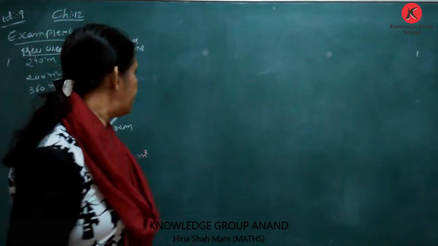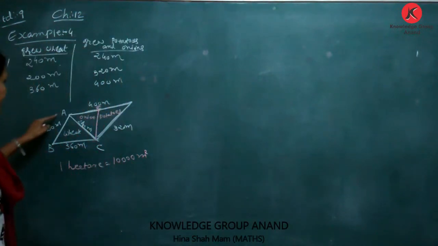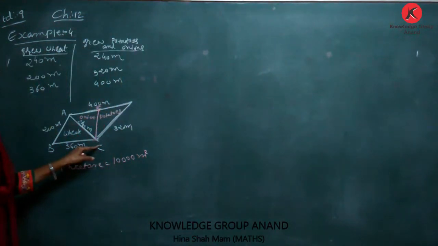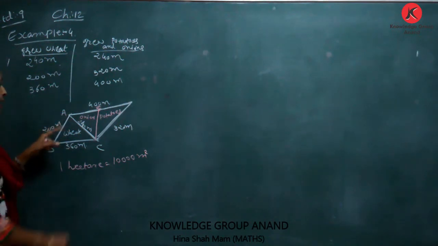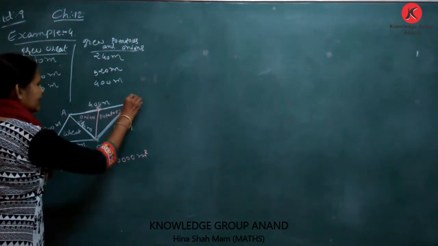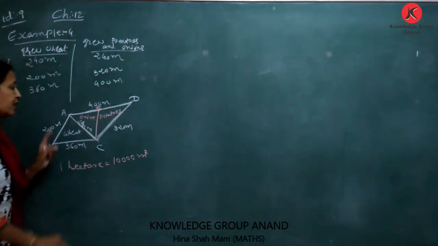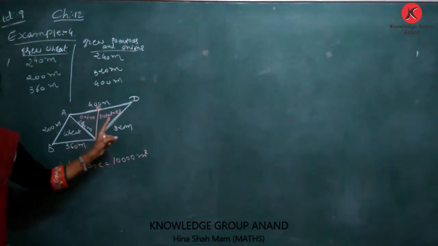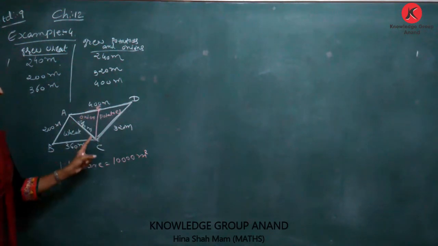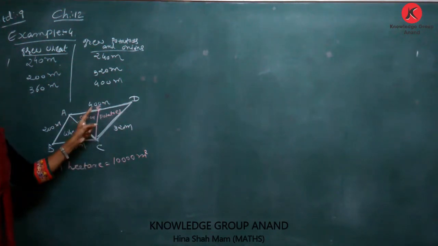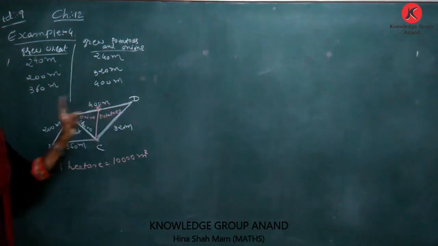In this figure, in triangle ABC she grew wheat; in triangle ACD she grew onion and potatoes in 2 equal parts, because E is the midpoint of AD.